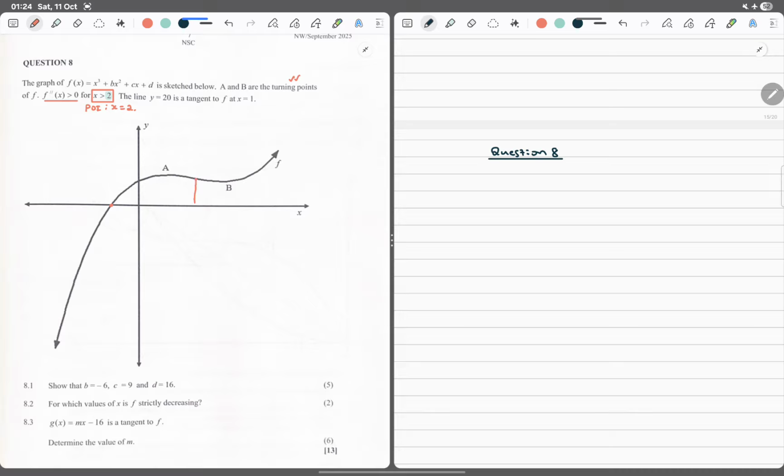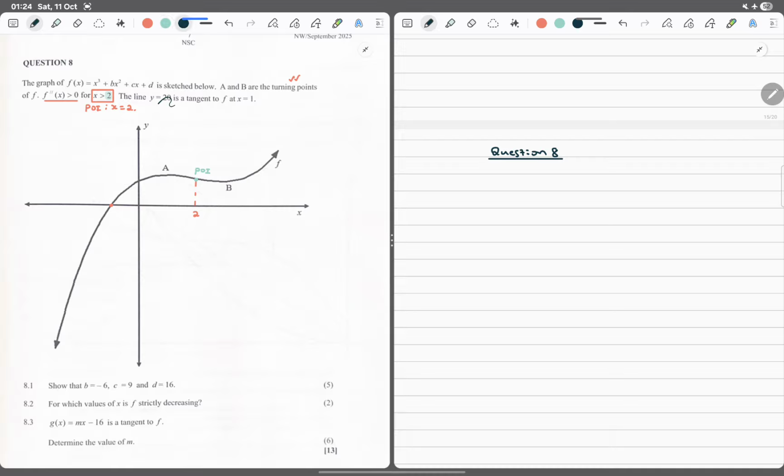It's usually the average between the two x values at the turning points. So this is suggesting that, okay, this is what we have for now, this being our point of inflection.